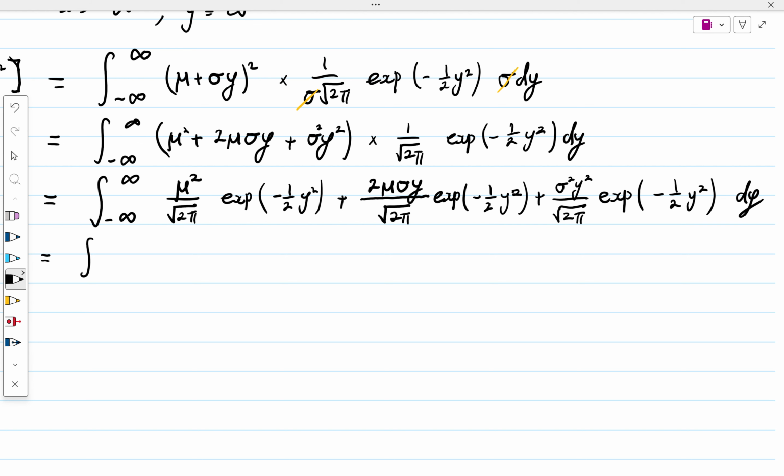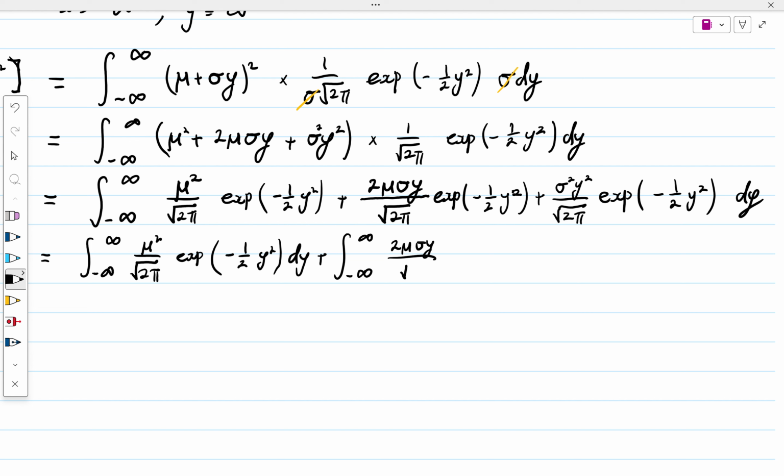So we can rewrite that as the integral from negative infinity to infinity of mu squared over square root 2 pi exp negative a half y squared dy, plus the integral of negative infinity to infinity of 2 mu sigma y on square root 2 pi exp of negative a half y squared dy.